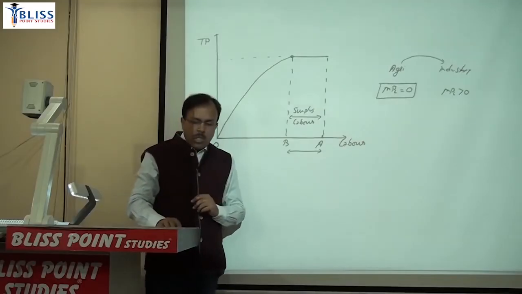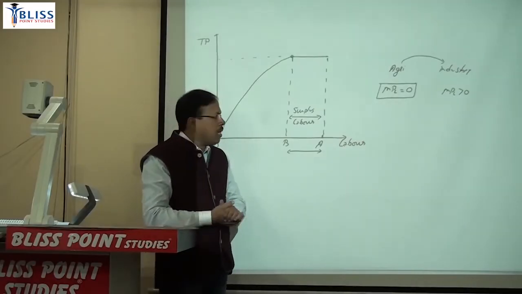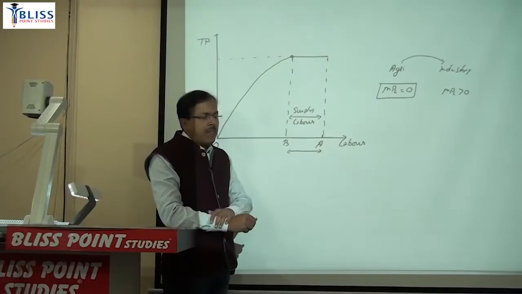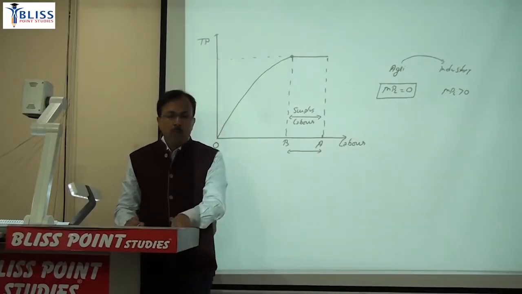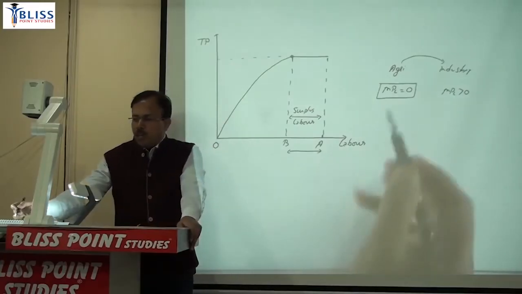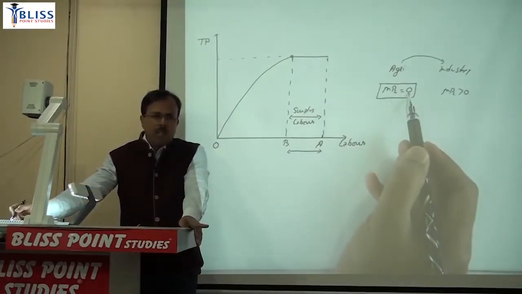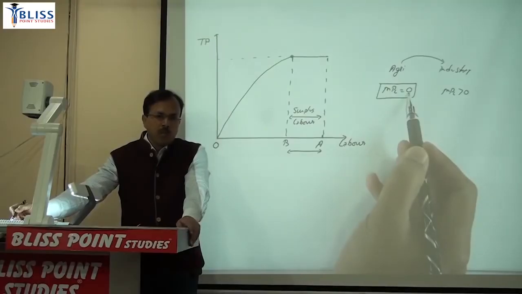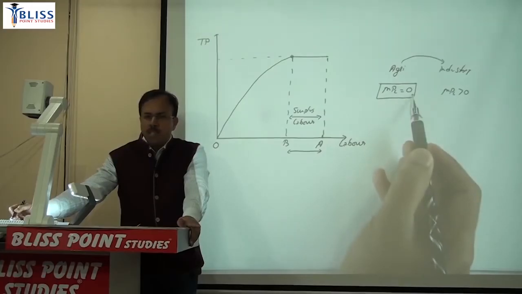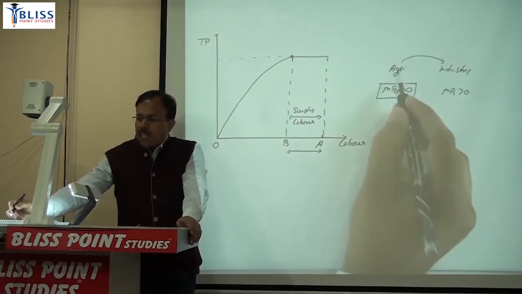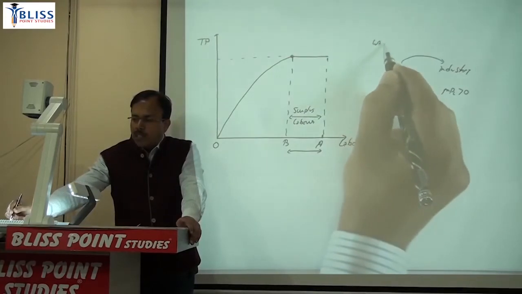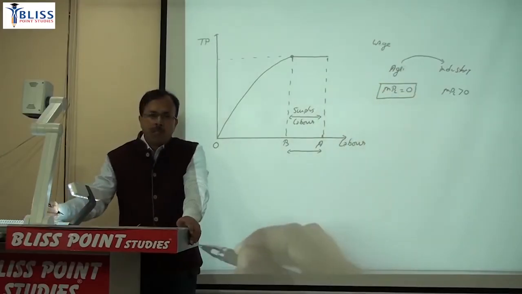But a counter was put by other economists. They say that if marginal productivity is 0, then why was that labor working, why was that labor employed? That is the main question. How to answer that part? The answer lies in the fact that in agriculture workers are paid wage not according to marginal product.